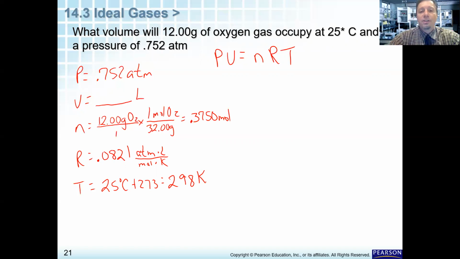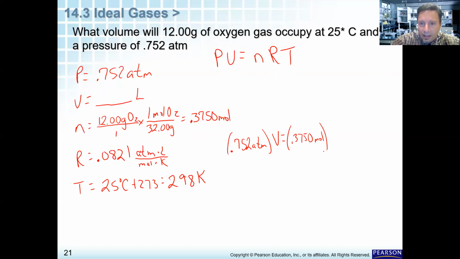All right, so now I'm solving for my volume. So what I'm going to do here is plug everything in. So my pressure is 0.752 atmospheres. Then I have my volume, that's what I'm solving for. N is 0.3750 moles.